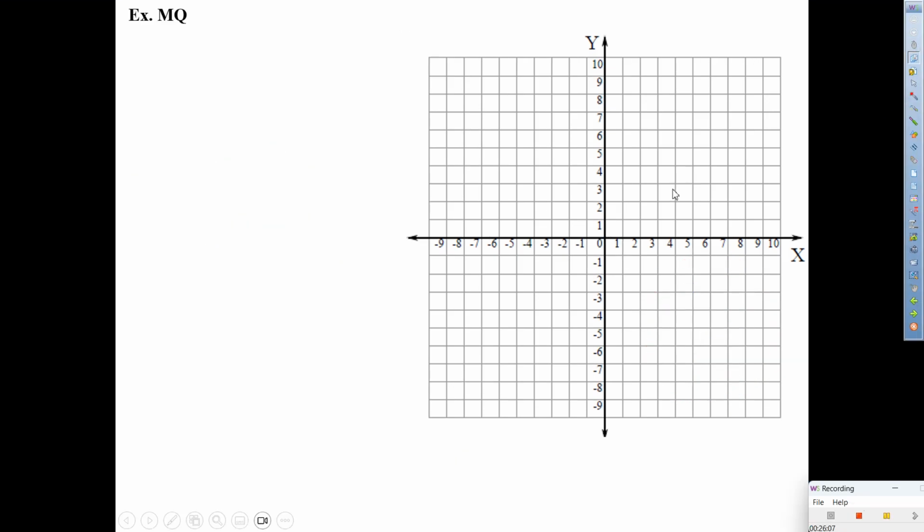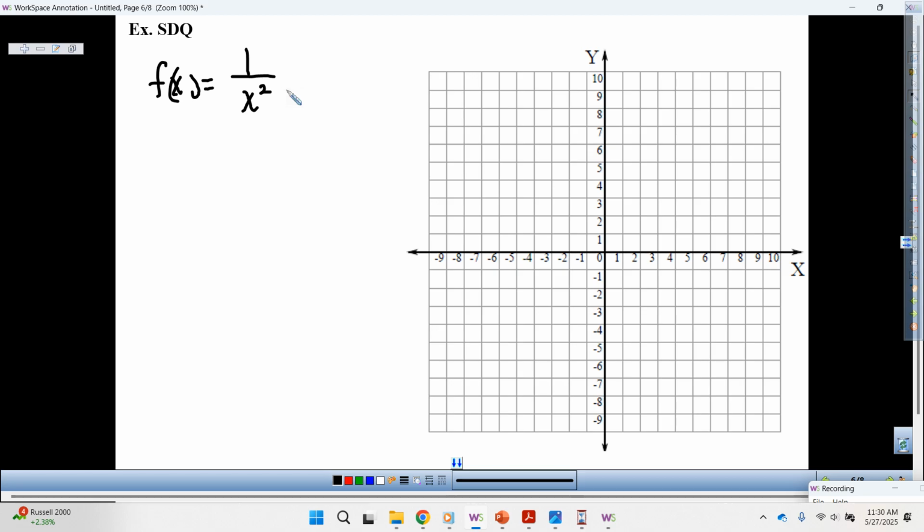All right. And the last one. F of x equals 1 over x squared. Let's graph this one together. First of all, we need a VA.